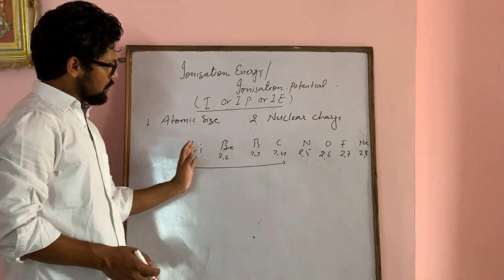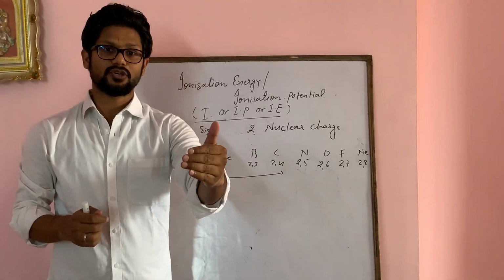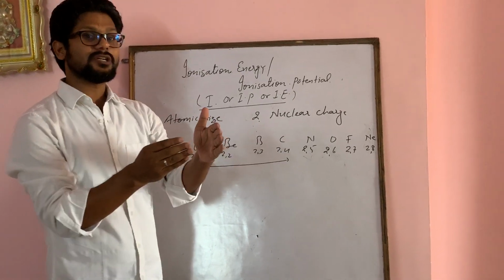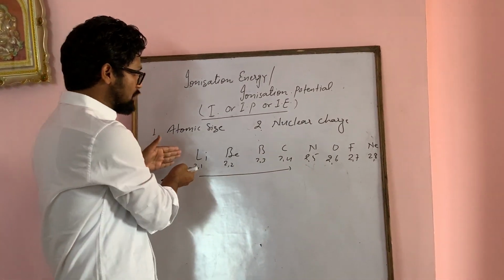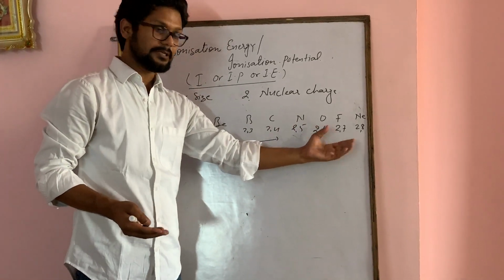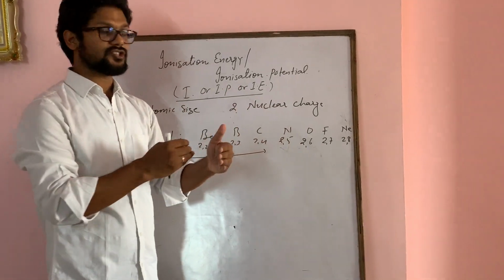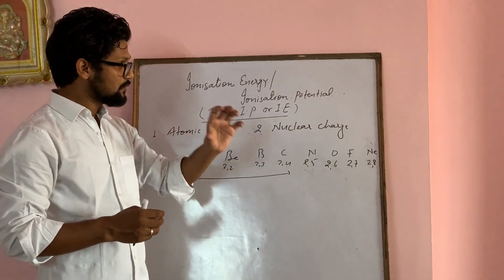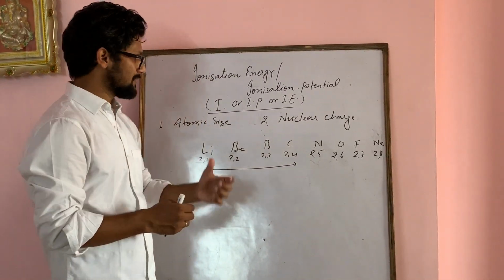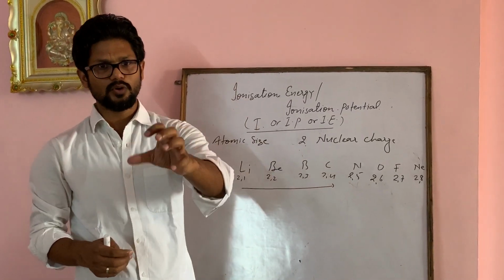But as we go across a period, the nuclear charge increases, and because of the more nuclear charge, the force of attraction between the nucleus and the outermost electron is more. If the force of attraction is more, as we know, the size will decrease. And if size decreases, it means there is more force of attraction.